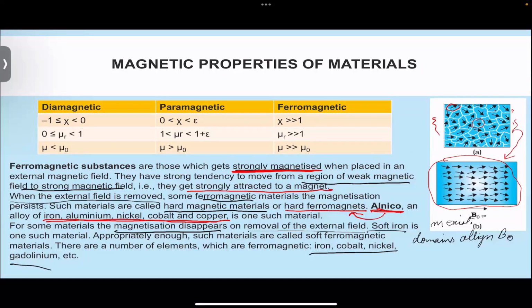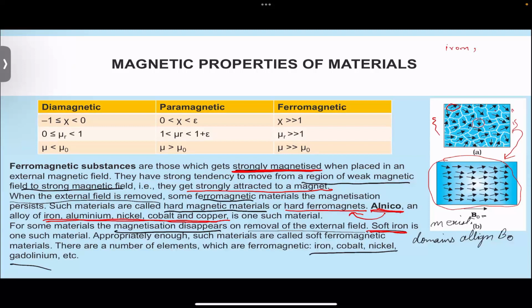And for some, the magnetization will disappear when the external field is removed. Soft iron is one such material, and these are called soft ferromagnetic materials. Ferromagnetic materials are, you have iron.